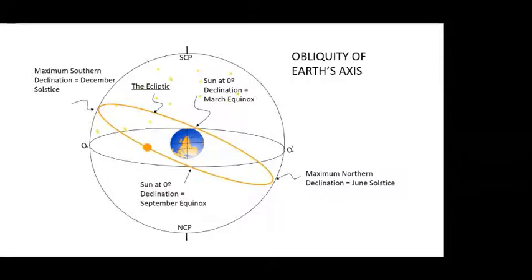Where the ecliptic crosses the equator we have the equinoxes, the closest one to us being the September equinox, and the one on the other side of the Earth, the March equinox. Why is the Earth upside down? Because it's in the southern hemisphere. And where the ecliptic touches the meridian, on the left is the December solstice, and on the right is the June solstice.